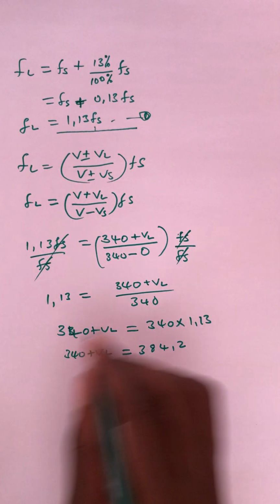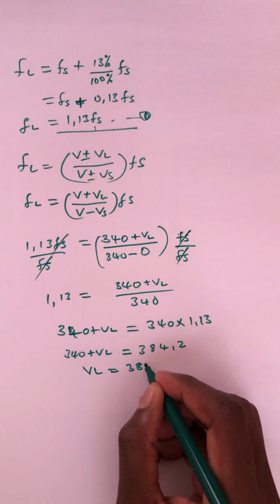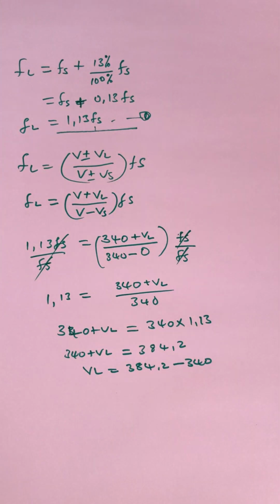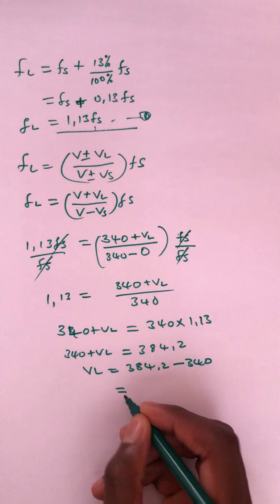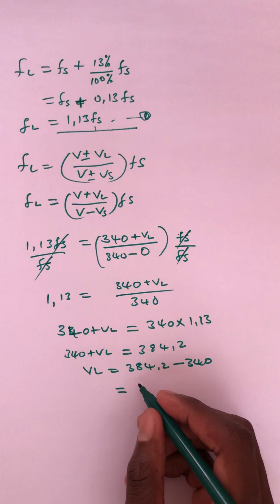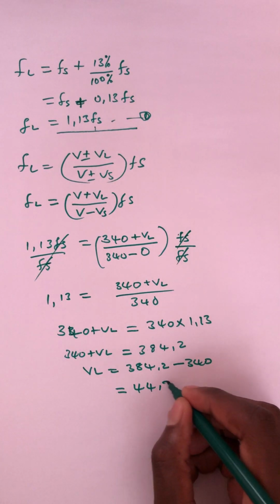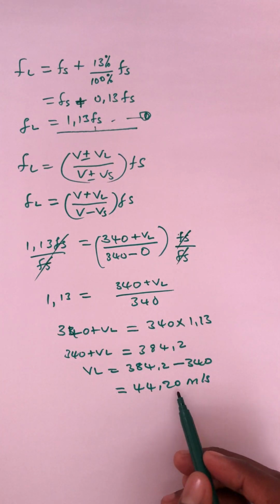Then we take 340 to the other side. vL is equal to 384.2 minus 340. And then this minus that is going to be 44.20 meters per second.